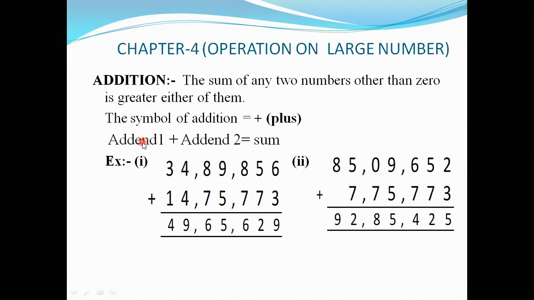According to these rules, addend 1 plus addend 2 is equal to the sum. When you add the first number to the second number, we get the sum. It is not only for two addends. We can also write addend 1 plus addend 2 plus and so on, and we get the sum.